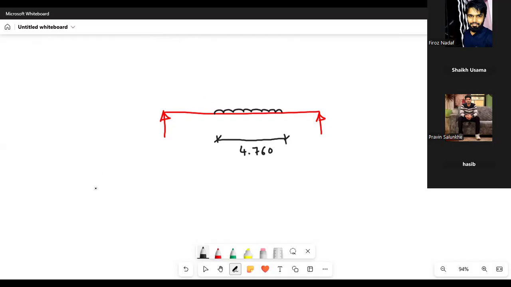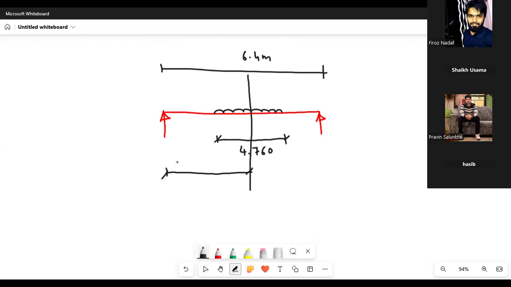X in the formula is the distance of the center of gravity of the load from the nearer support. Both supports are at the same distance. Total length of the bridge is 6.4 meter, so x equals 3.2 meter.